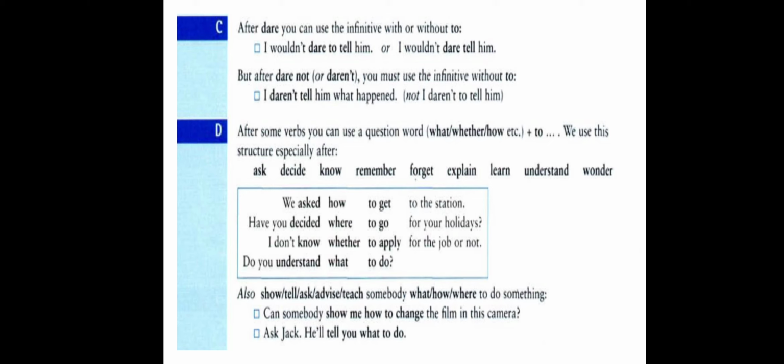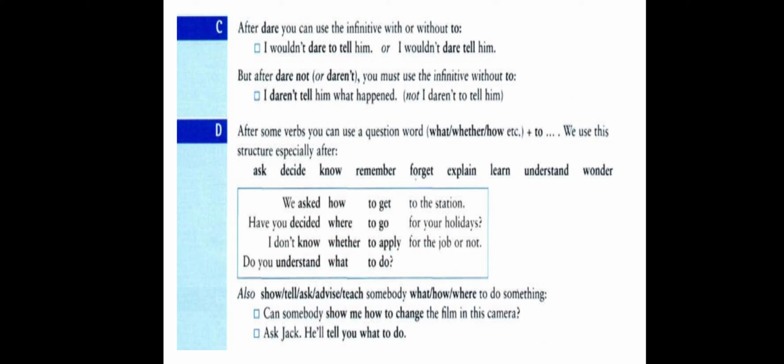We have here some examples. We asked how to go to the station. Here the verb asked is followed by the question word how, and how is followed by to plus the base form. Have you decided where to go for your holiday? Here the verb decided is followed by where, a question word, which is followed by to plus the base form.